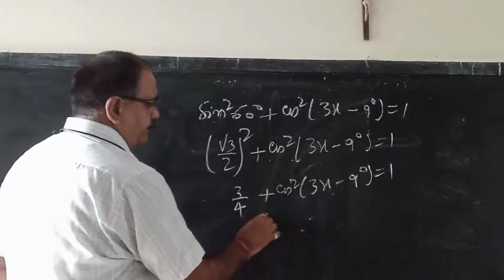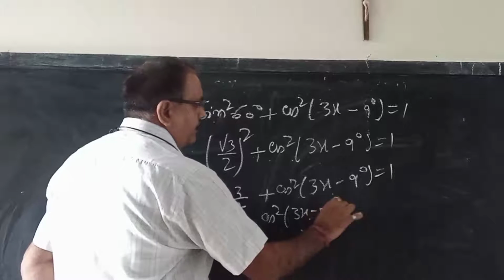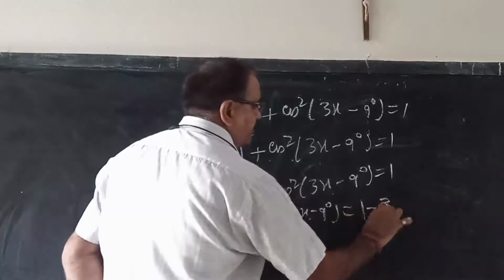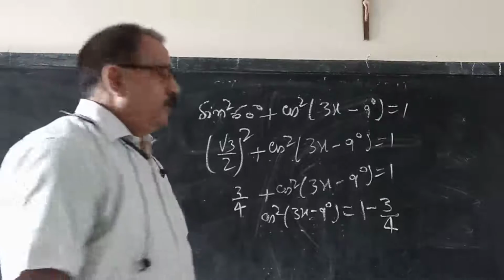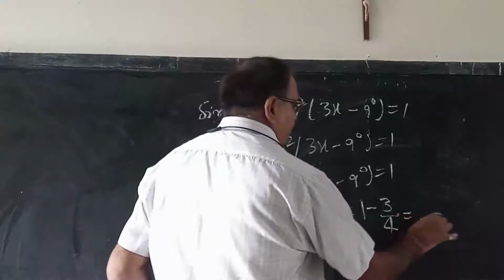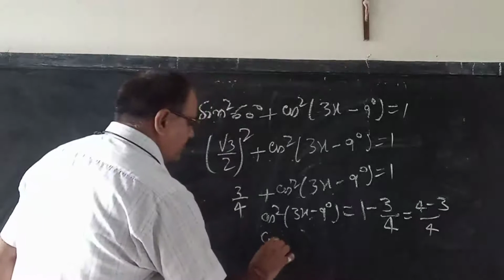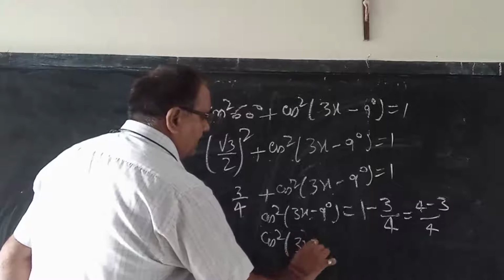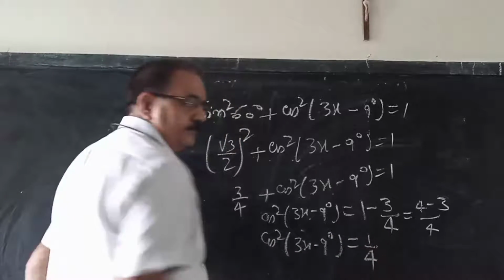So this becomes cos square (3x minus 9 degree) is equal to 1 minus 3 by 4. So this is equal to 4 minus 3 by 4. So cos square (3x minus 9 degree) is equal to 1 by 4.